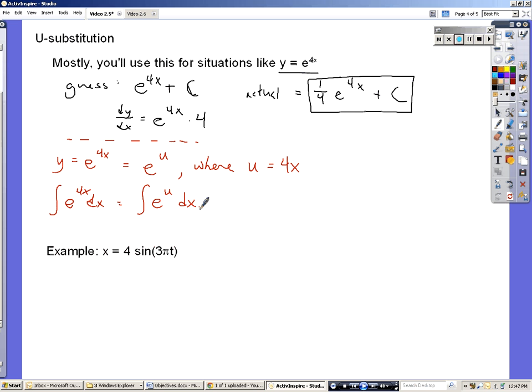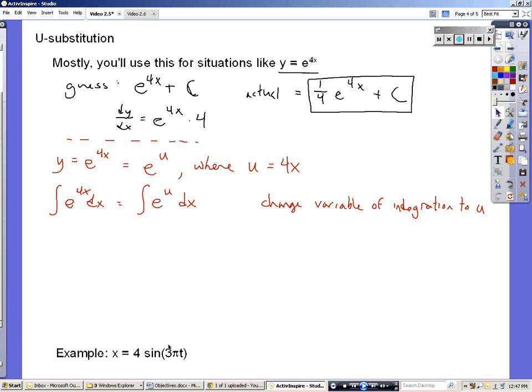Our integral has a u in it, but our variable of integration is x. So what we need to do is change the variable of integration to u. So we need a way of relating du to dx. And so what we'll say is, okay, du dx.